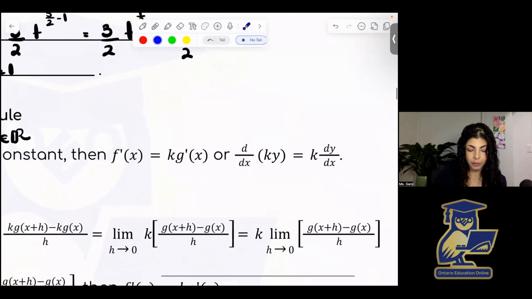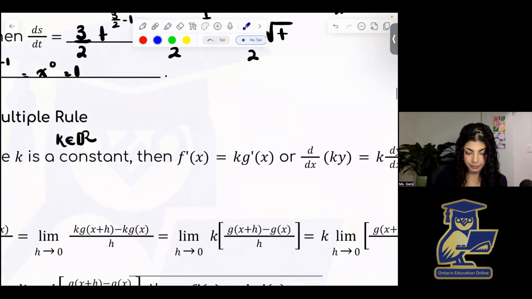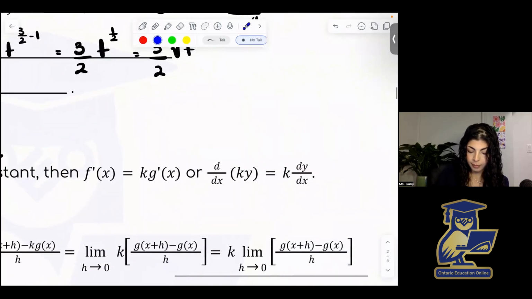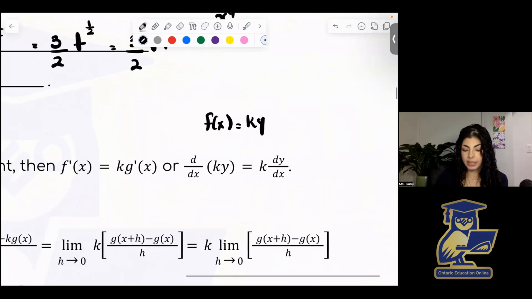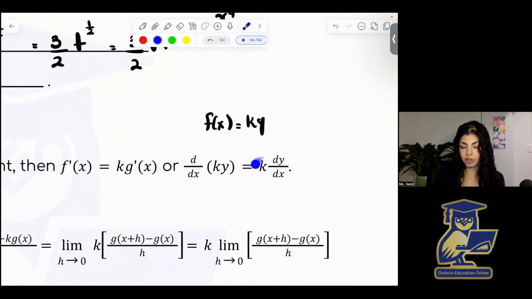Or in other words, if you have y equals k times the function, then the derivative of this is the derivative of the function, and the k as a constant does not really affect our derivative. Like it just stays as a constant there.